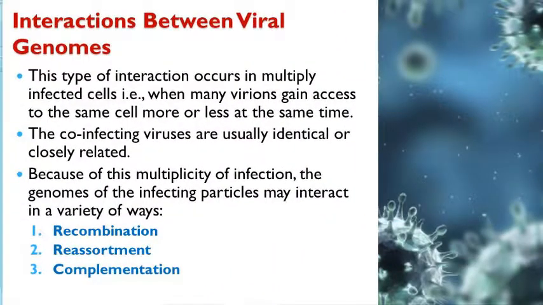Supposing we have two different kinds of viruses in the same cells. The interactions we may have are gathered in two groups. The first group is genetic interactions. The second group, non-genetic interactions. In the first group, we have basically recombination and genetic reassortment.